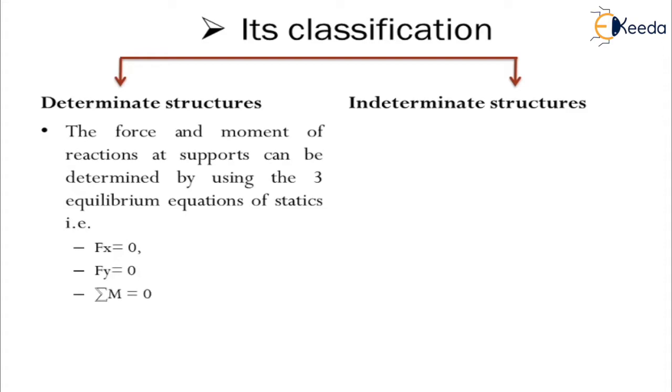And an overhang beam is also having the same condition as simply supported beams. So in these structures, you have three equilibrium equations and three unknown forces which can easily be found out by this method. And these types of structures are known as determinate structures.